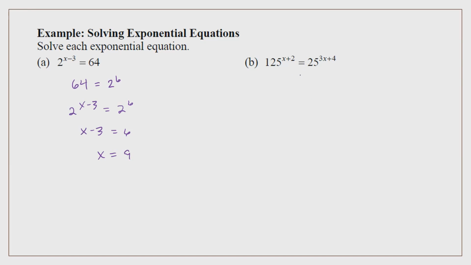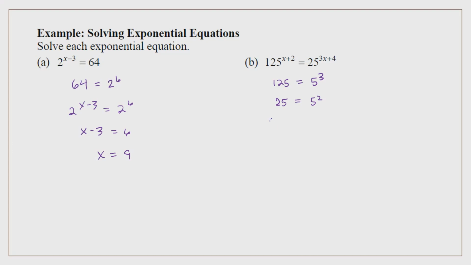B, 125 to the power x plus 2 equals 25 to the power 3x plus 4. Can I make these values have a common base? So 125 is equivalent to 5 cubed, and 25 is equivalent to 5 squared. So now I can rewrite the bases, 125 and 25, with a base of 5.